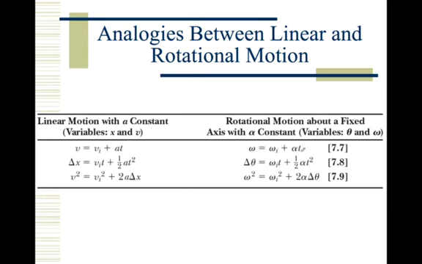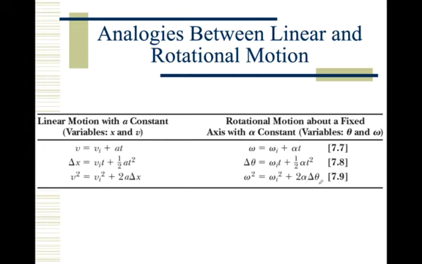Or delta theta is equal to initial angular velocity times time plus 1/2 angular acceleration times time squared. And this one, final angular velocity squared equals initial angular velocity squared plus 2 times angular acceleration times delta theta.